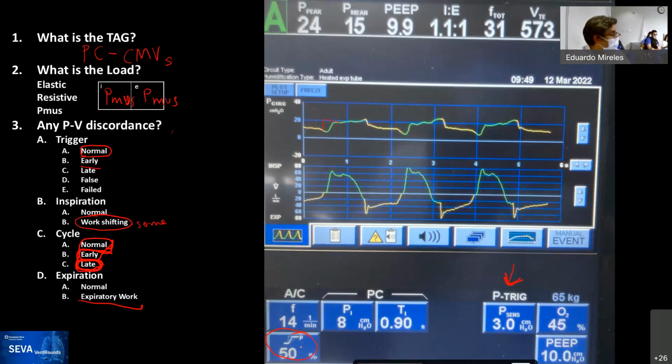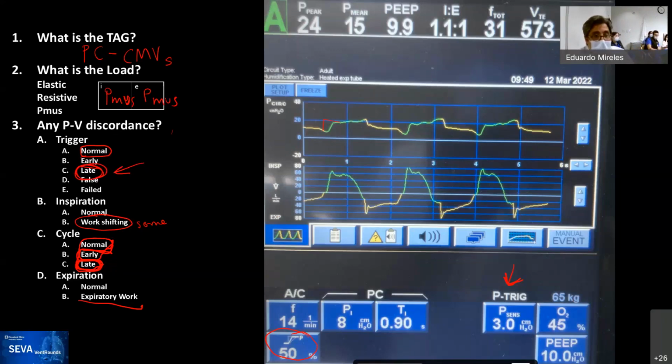We set the rise time at 50% instead of 100. So this patient requires getting to 3 centimeters of water, and then it will take 50% of the time to reach pressure. So this is a patient that has a late trigger, right? Is this clear? Question so far?